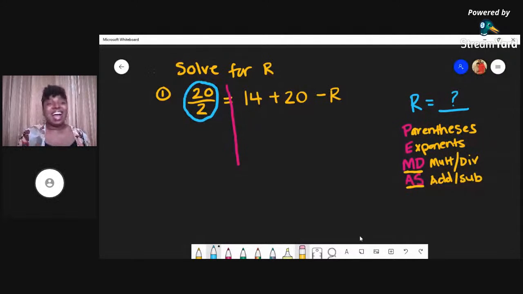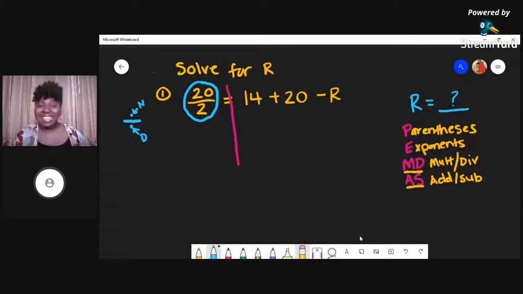Okay. So what in here let you know that this was division? It was the line, the 20 with the line above the 2. Good. It's the fraction bar. Something I learned recently from TikTok is that the division symbol is actually a fraction bar, and the dots replace the numerator and the denominator.